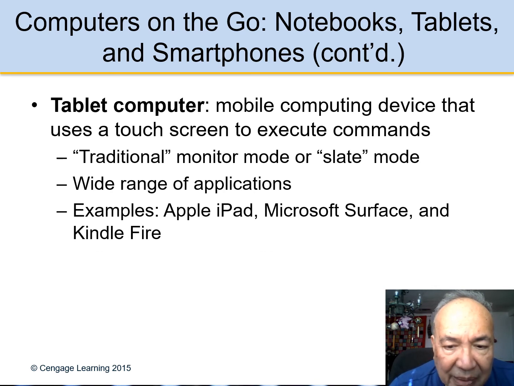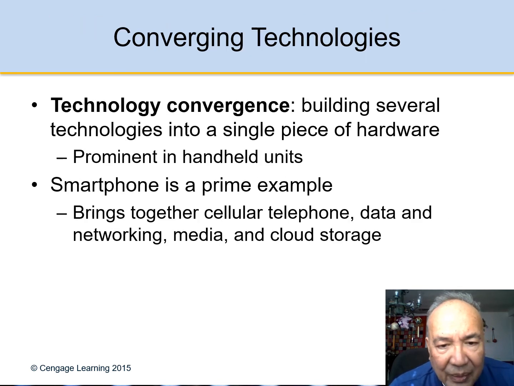Now we have the tablet, a mobile computing device that uses a touch screen to execute commands. The tablet: iPad, Microsoft Surface, Kindle Fire, if you want to read books on tablets. Some of you are doing that, I know. Now, convergence technology is building several technologies into a single piece of hardware, prominent in handheld devices.